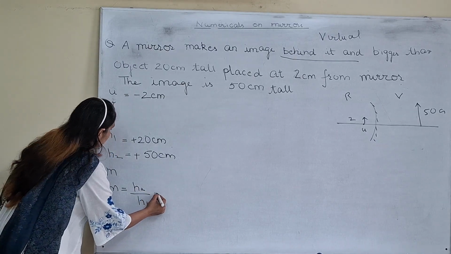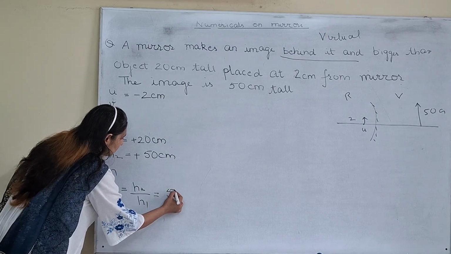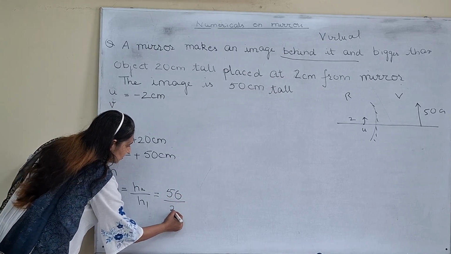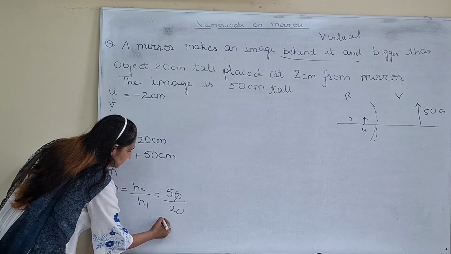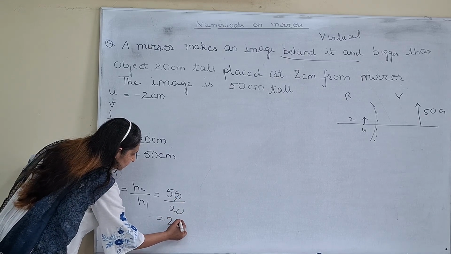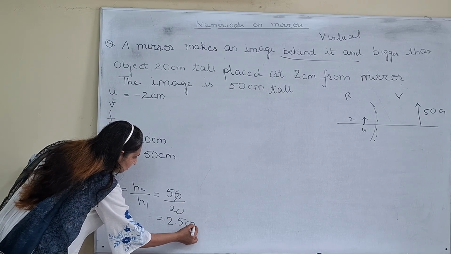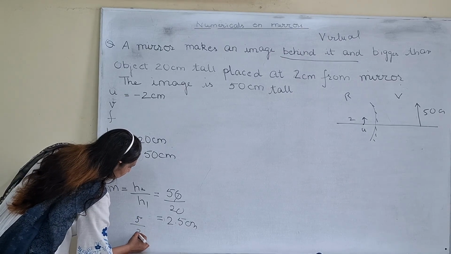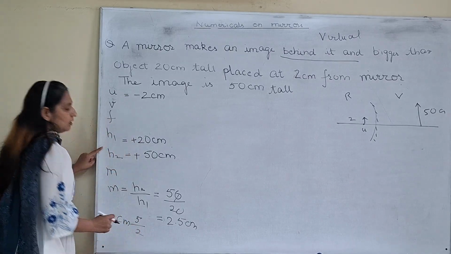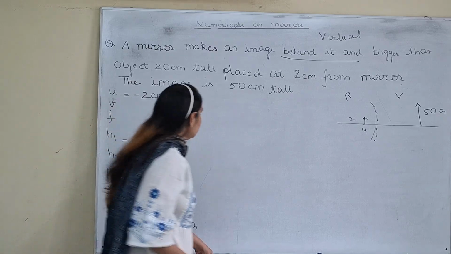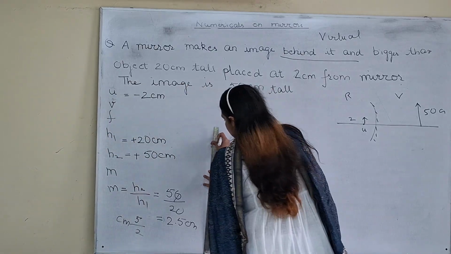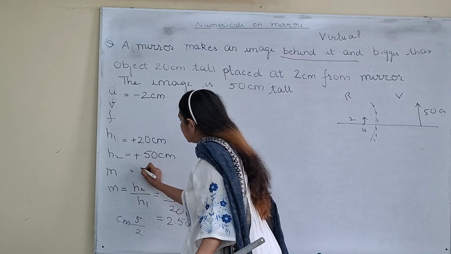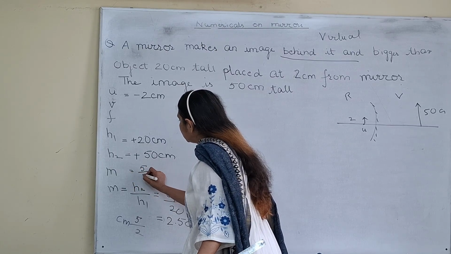So H2 is 50 and H1 is 20. So it becomes 2.5 centimeter. Or I can just call it 5 by 2 centimeter. Anything that you want to write. So this becomes the magnification. Now we'll write it here so that we can use it if we want.